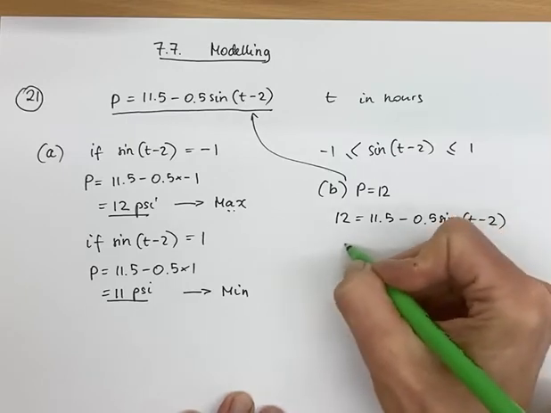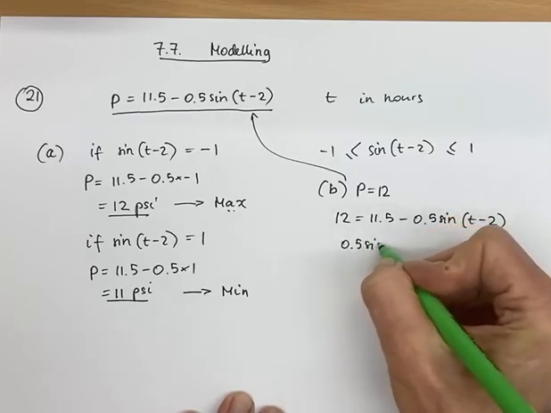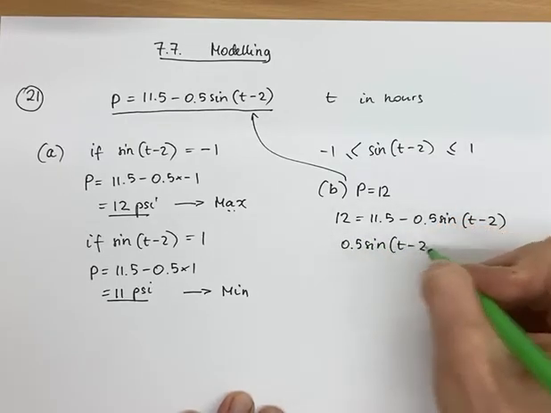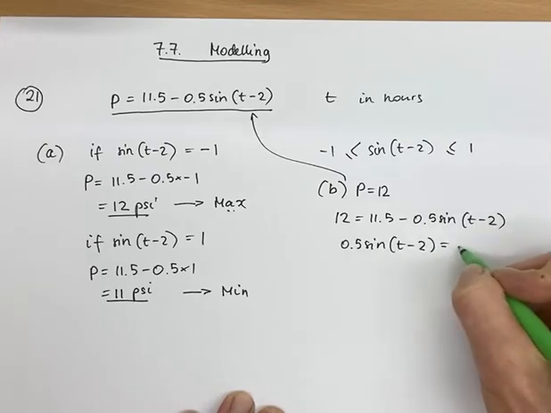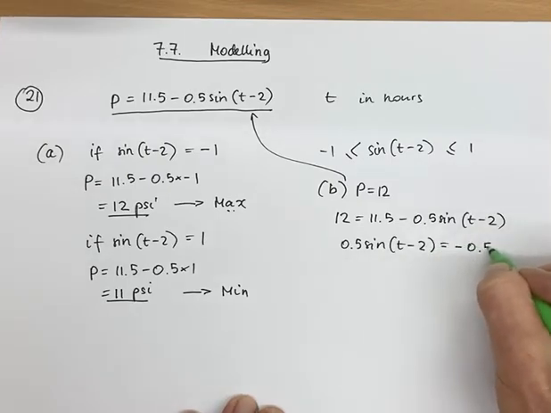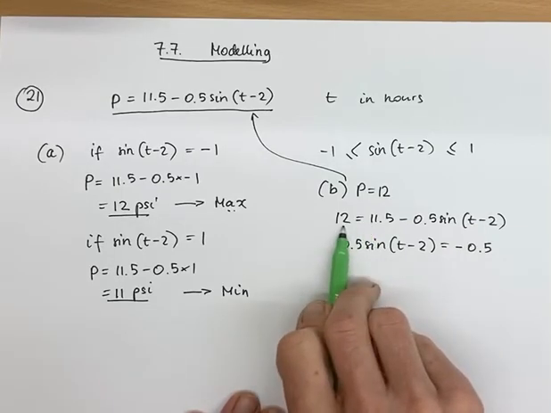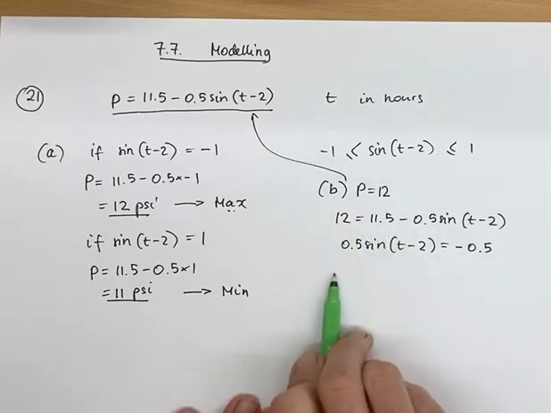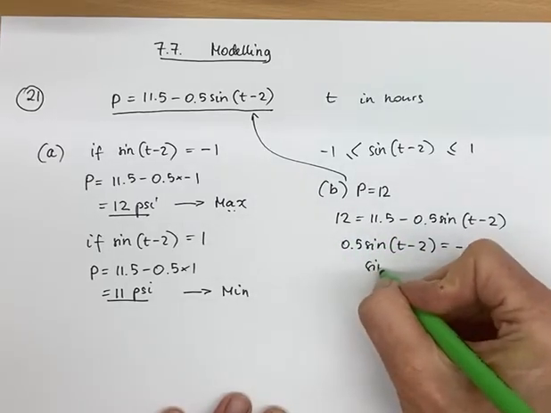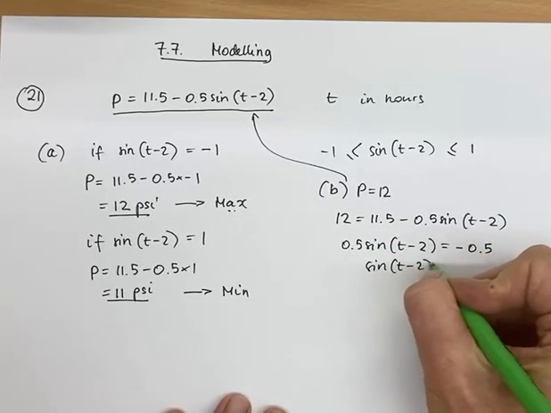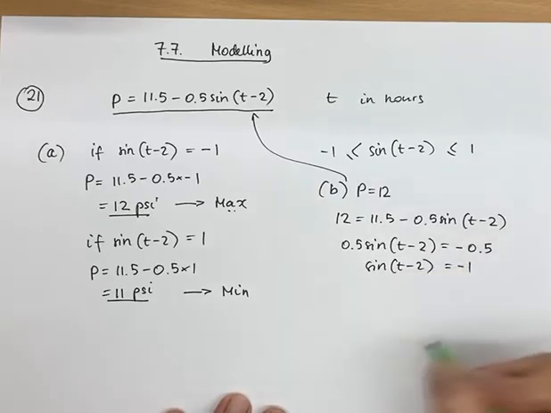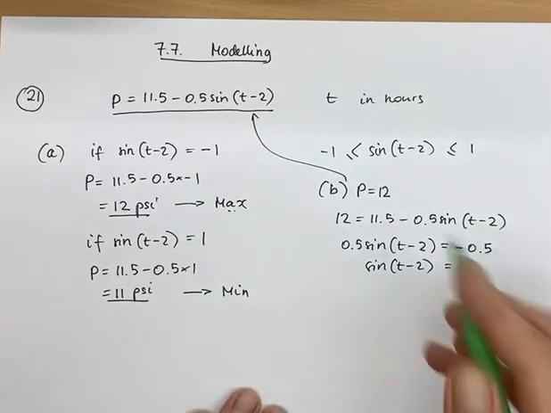So 0.5 sin(t - 2) is equal to -0.5. If you move 11.5 across it becomes 12, take away this 0.5, and swap the minuses. So sine has to be equal to -1. We know that anyway from this, so just confirming it.